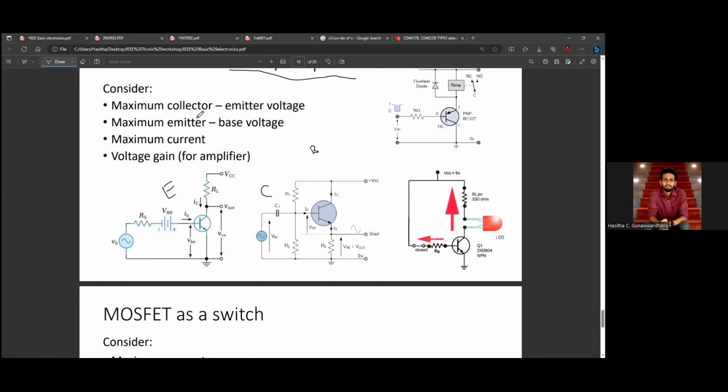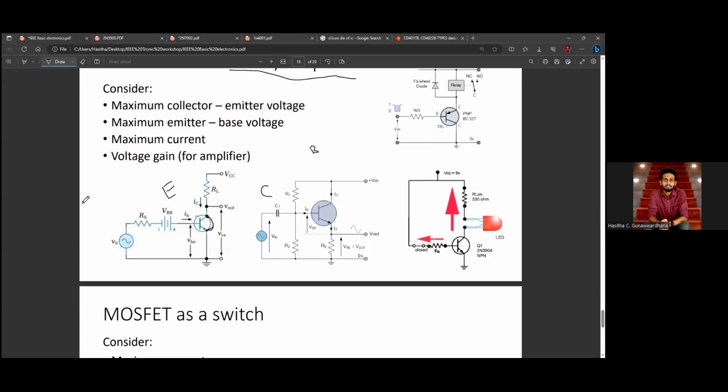Then if we consider this circuit, assume this transistor is closed. Closed means this terminal and this terminal are connected together. If we use the transistor as an amplifier, there are two ends in the transistor characteristic.